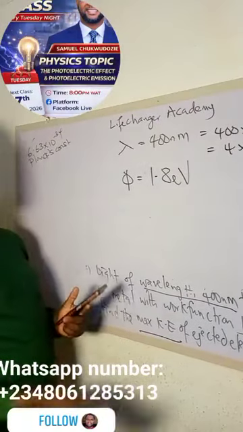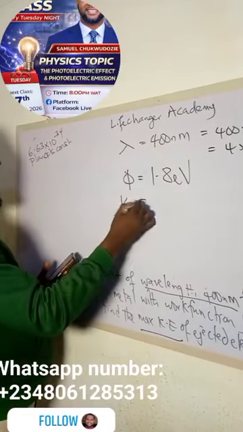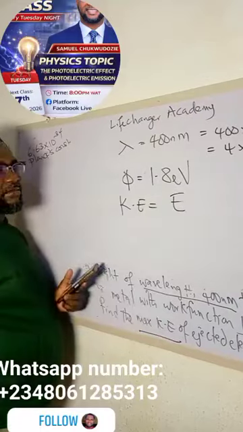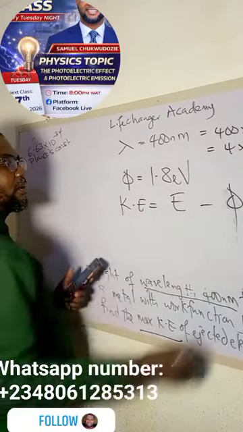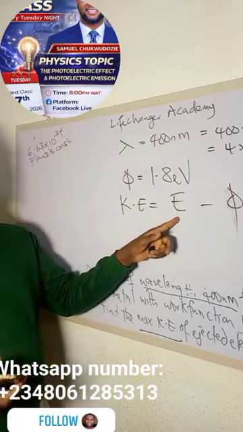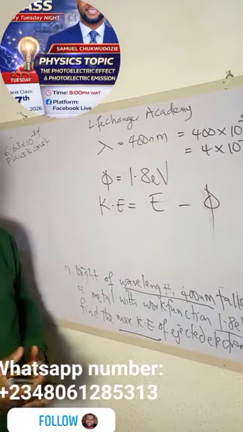This looks like the question we did before. Very straightforward. Kinetic energy is equal to energy of light minus the work function. So all I need to do is to find the energy of light, then also find the work function, and I subtract it.